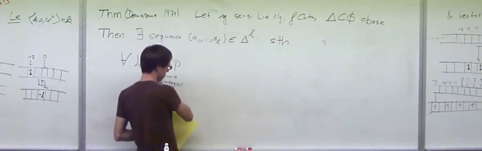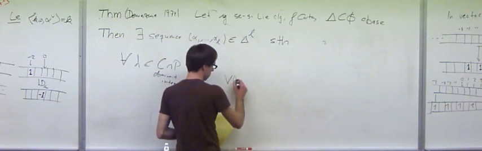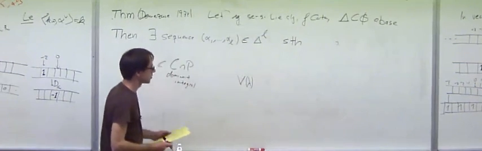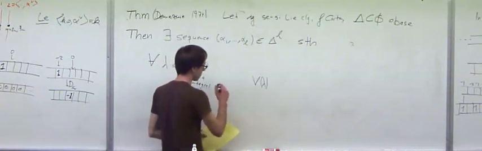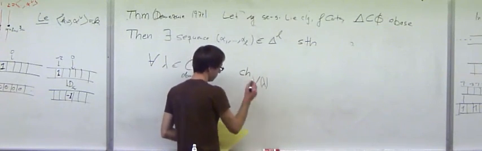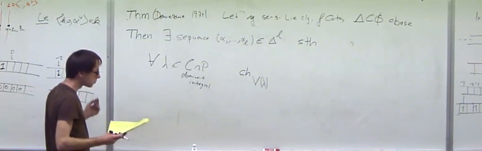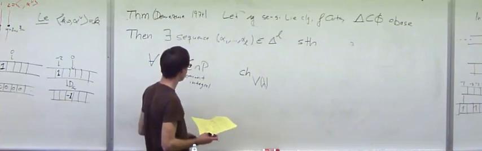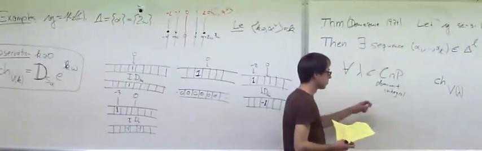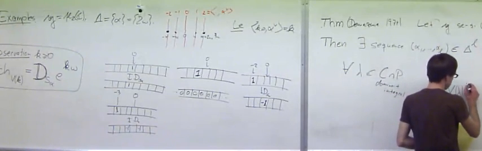for all these dominant integral weights, by the classification of the irreducible representations, we have this irreducible G-module V lambda, and we want to compute its character. So this will be some formal linear combination of elements of the form e to the mu, where mu is an element of P. And how do we get this?